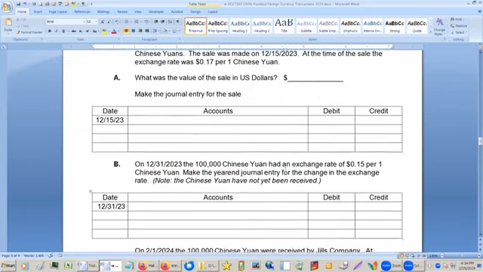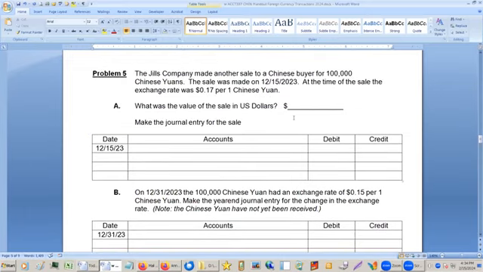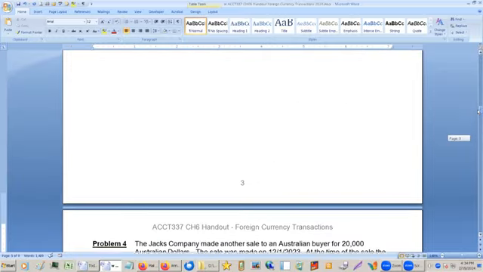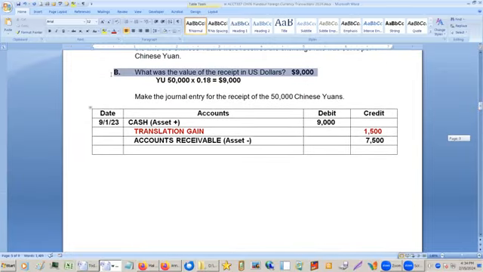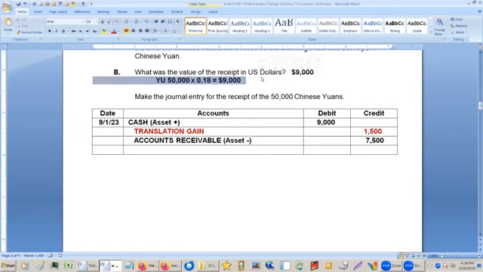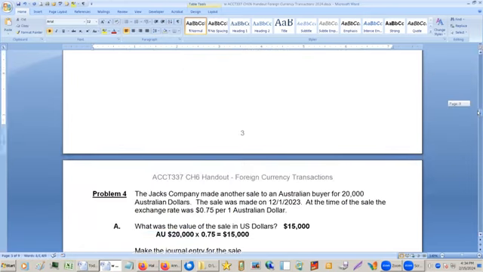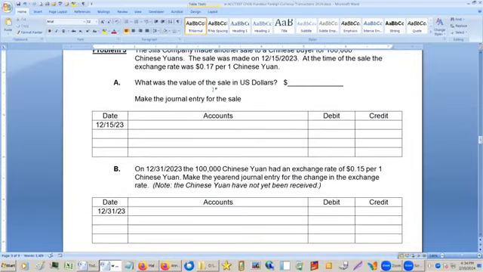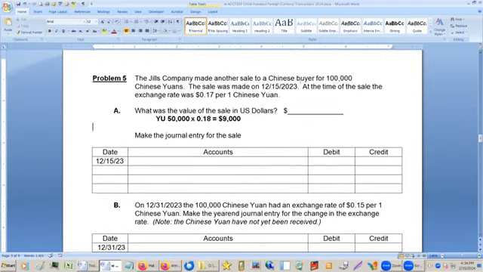Oh, this one's a little bit interesting. Okay, this one, same as before, 100,000, and it's at 17 each. 17,000.